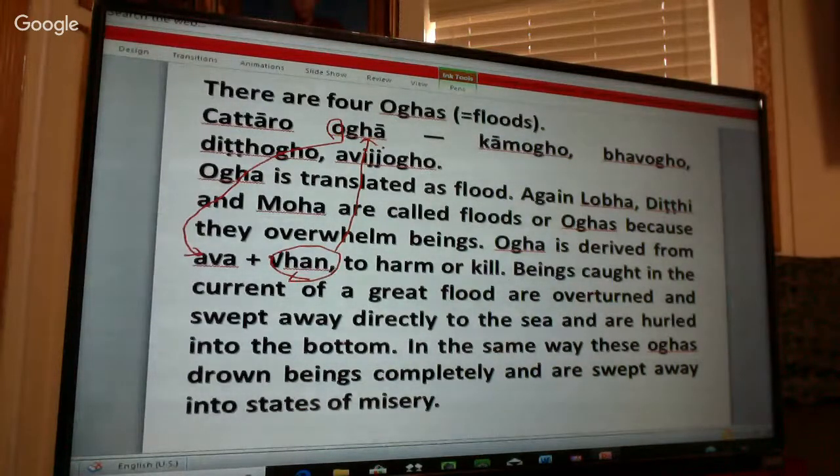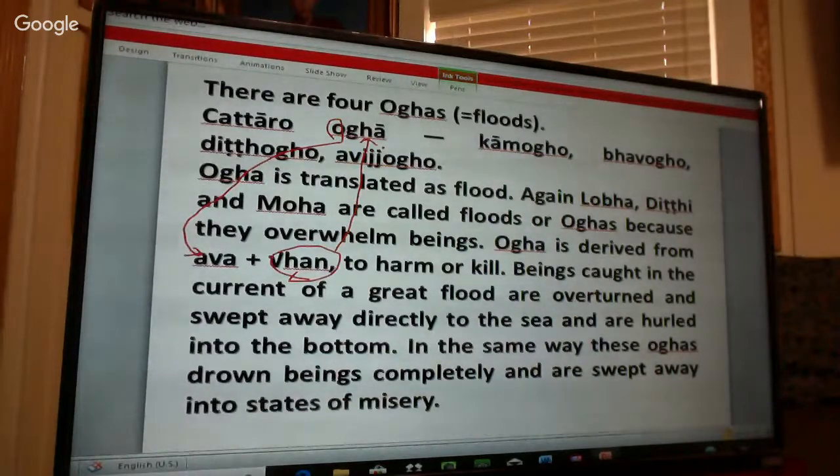Any living being caught in the current of the great flood is overturned or swept away directly to the sea, like a tsunami. Tsunami, very dangerous. In Japan, when I saw the video of the tsunami, oh my God, very dangerous. We cannot escape from it. We cannot run away.